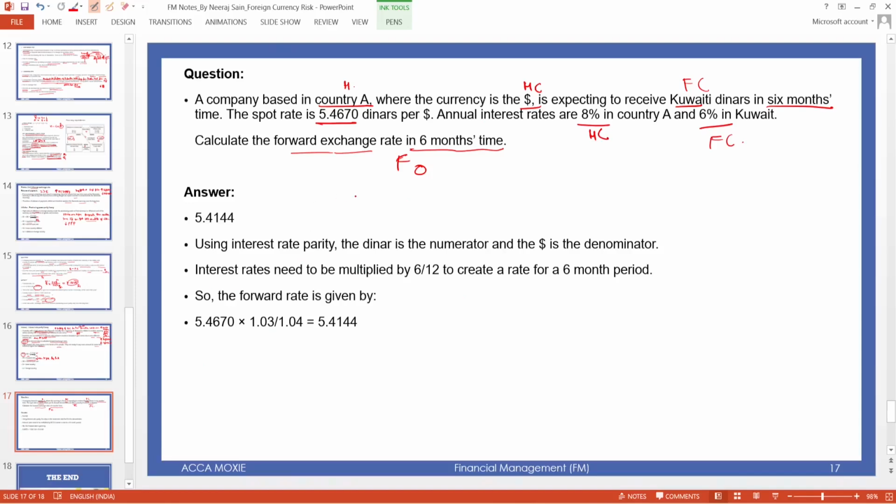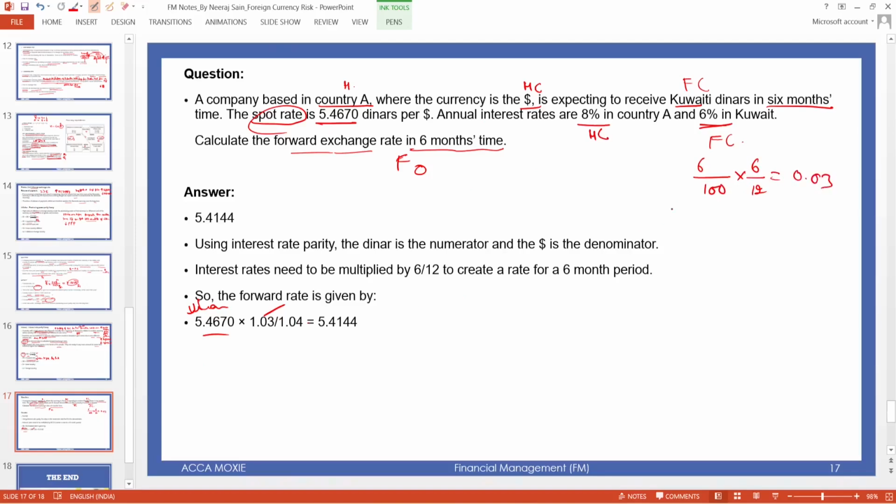So how can we calculate? Right now the spot rate is this, so we have to multiply it by the dinar rate. The dinar interest rate is 6, but we are only using it for 6 months, so 0.03.